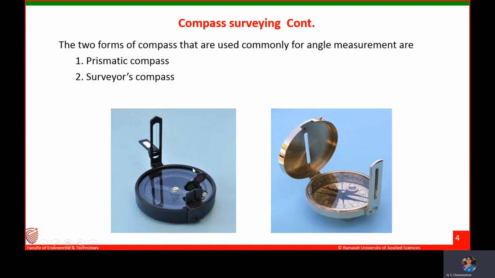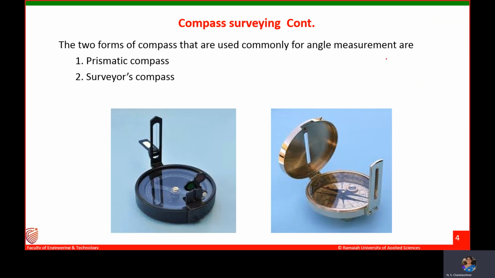In this prismatic compass, the readings are taken in the whole circle bearing system, and the readings are marked from 0 to 360 degrees. Now the north is marked here. Next, this is the image of a surveyor's compass, wherein the readings are marked in the quadrantal bearing system.